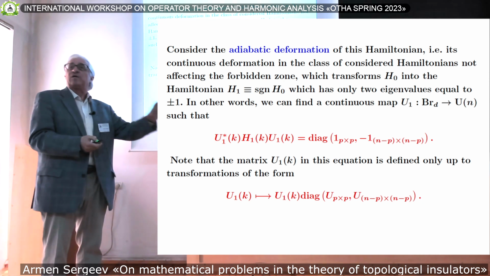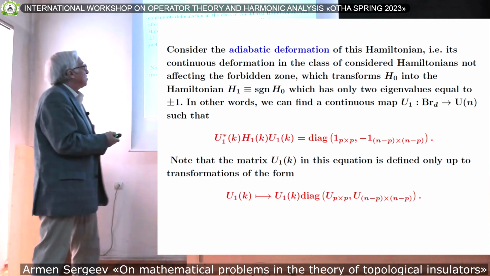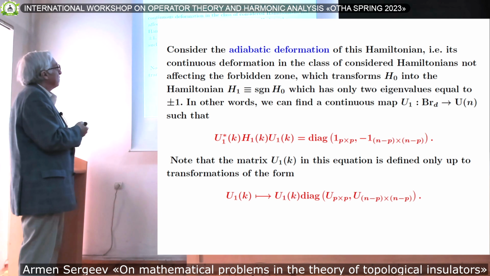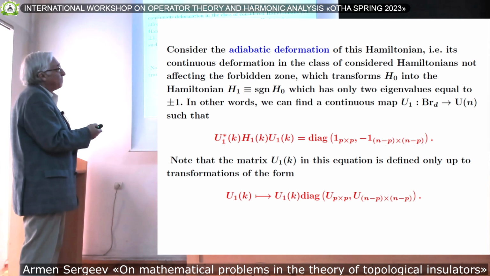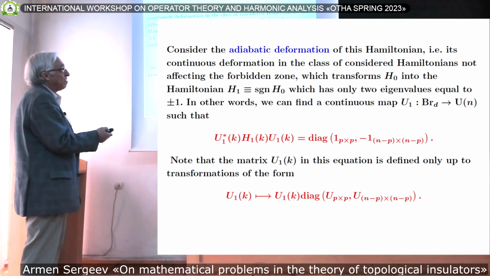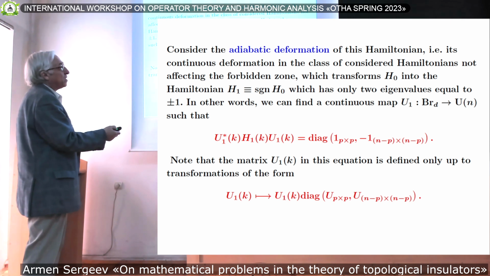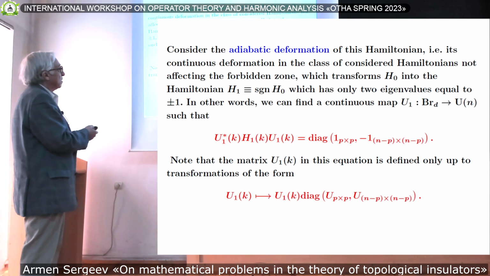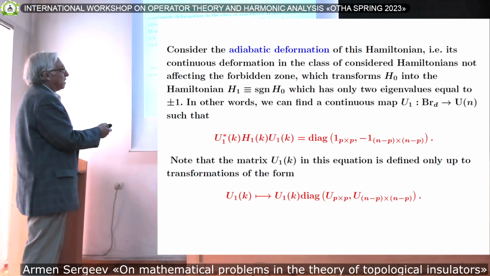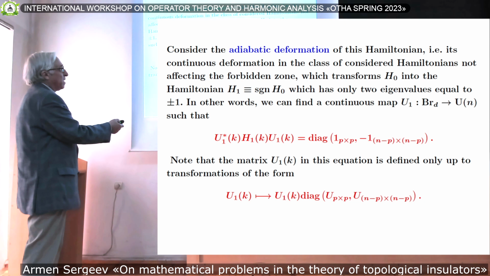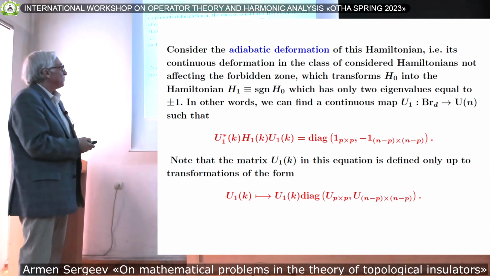It is very easy to prove that this is possible if you use the spectral theory for the Hamiltonian. In other words, we can find a continuous map U_1 from the Brillouin zone to the unitary group, such that this conjugation gives us a block diagonal matrix where in one block there is the unit matrix, and in the other block it is minus 1.